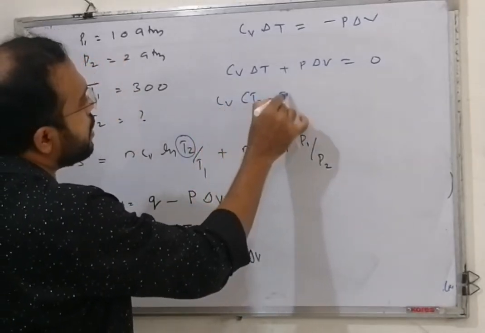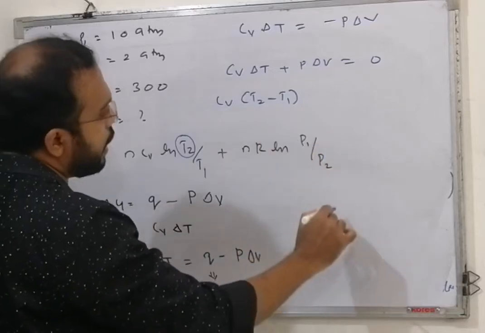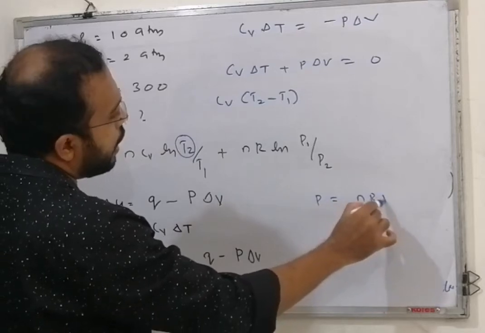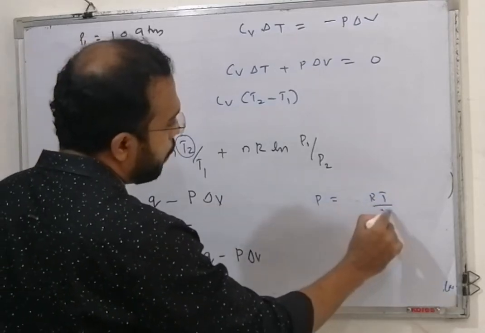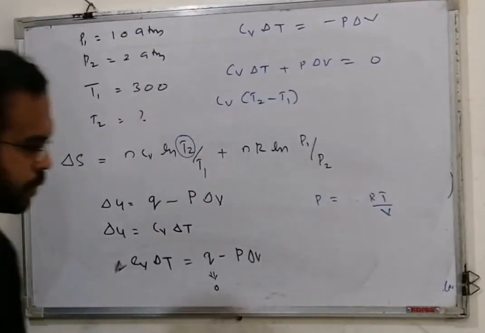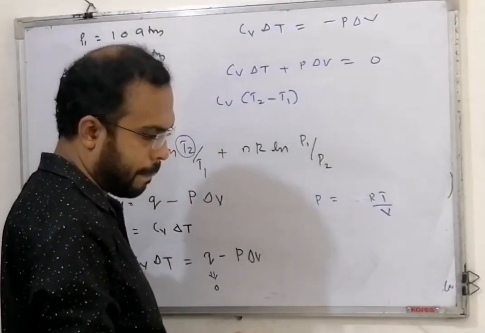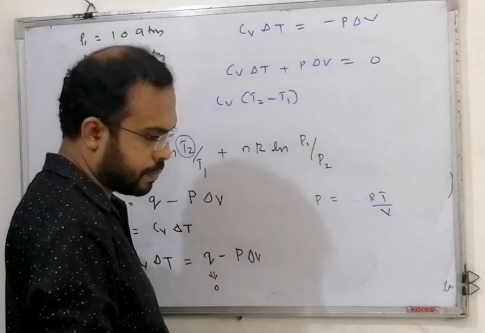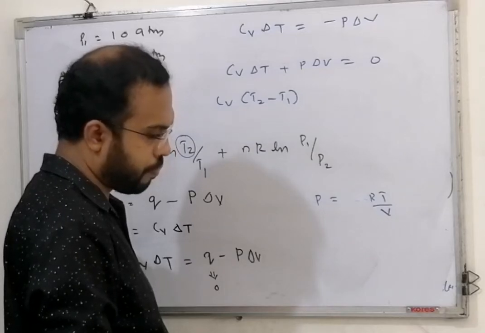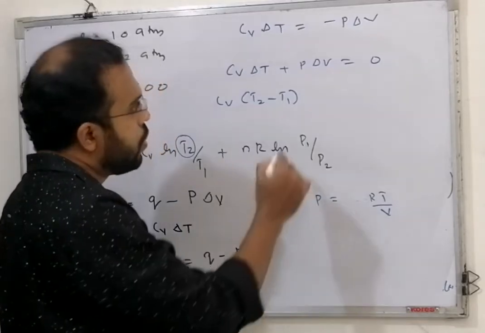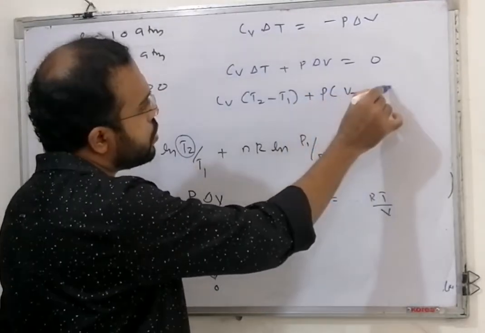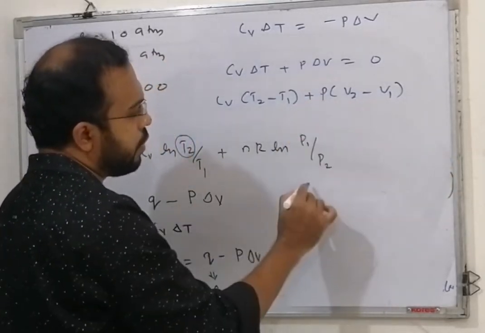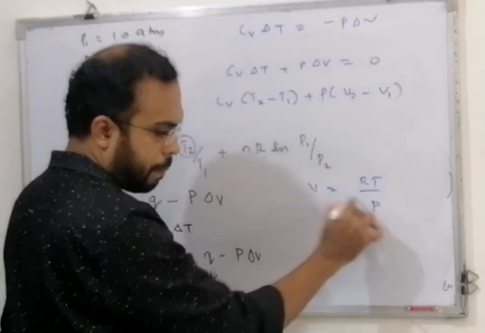CV into T2 minus T1, plus P into V2 minus V1. In the case of an ideal gas, PV is equal to nRT, for 1 mole, V is equal to RT by P. Am I correct? Okay.